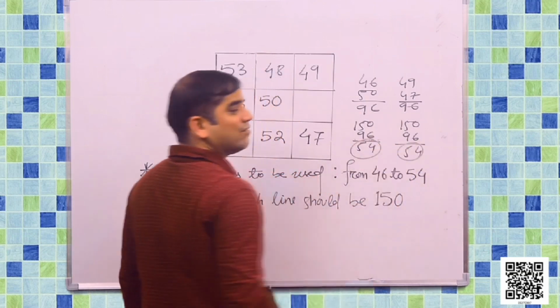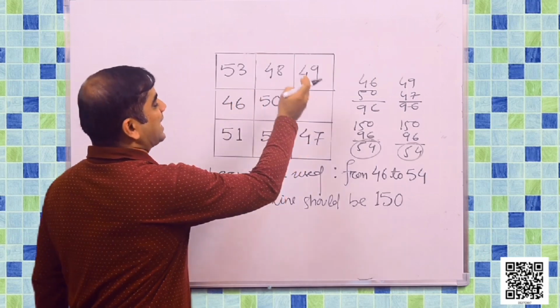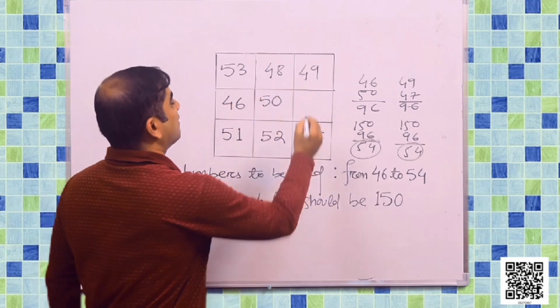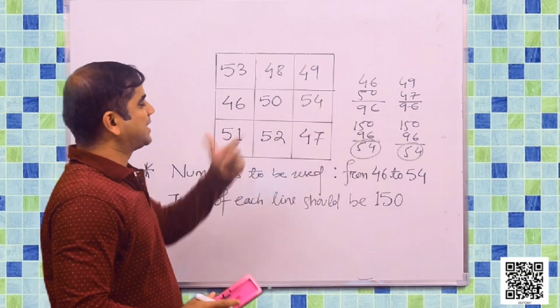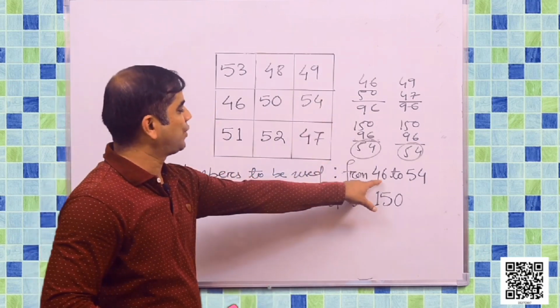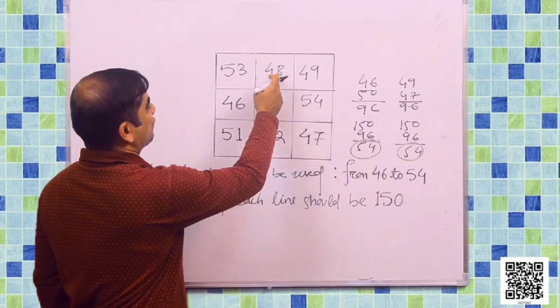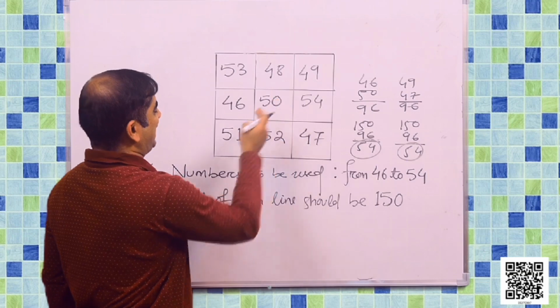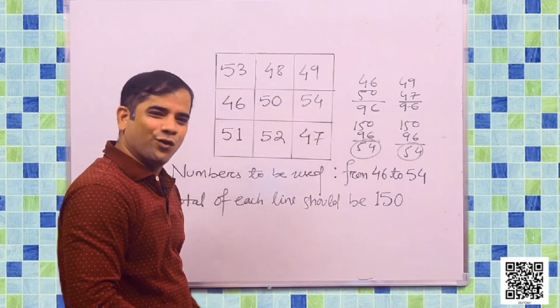So as I have already told you, by going either way we will get the same number, 54. Now all the numbers from 46 to 54 are filled. Let us check: 46, 47, 48, 49, 50, 51, 52, 53 and 54.